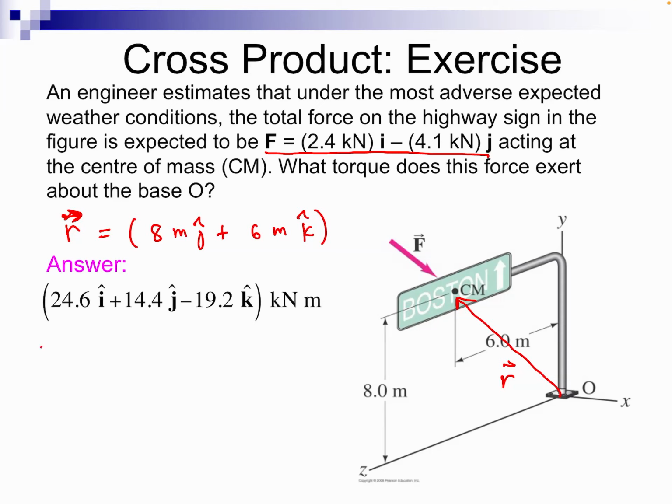And I leave it up to you to find the torque. Torque is r crossed with F. This is the r, the F is given here. So do the cross products between r and F. r has a j hat component and a k hat component. F has an i hat component and a j hat component. Do the cross product and see if you're able to get this answer here.